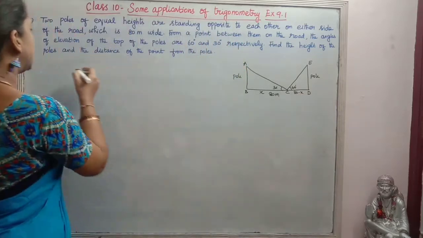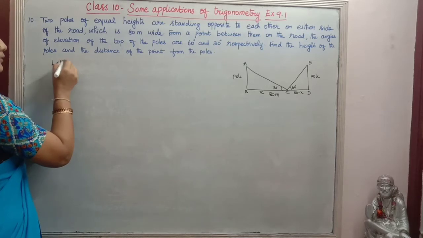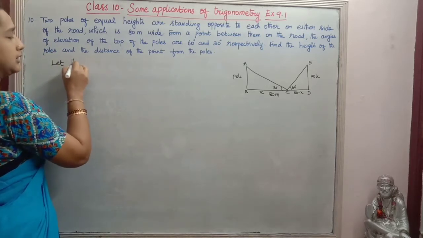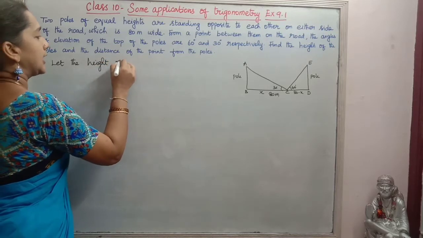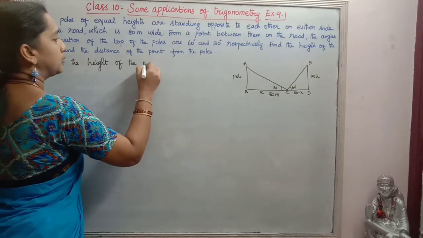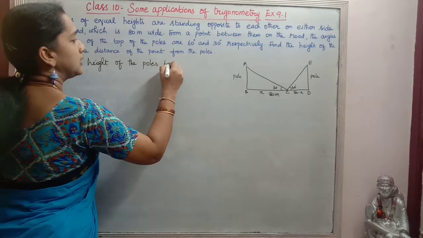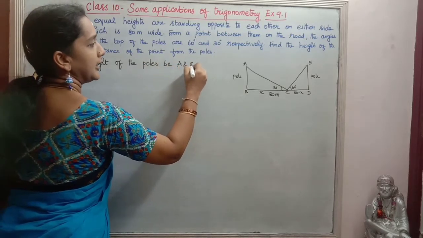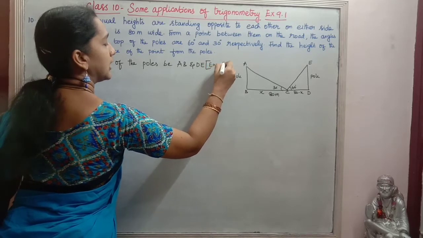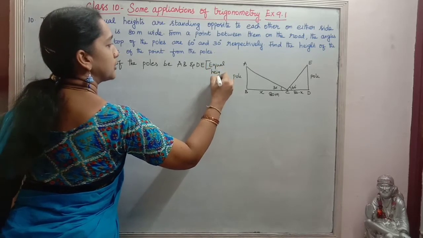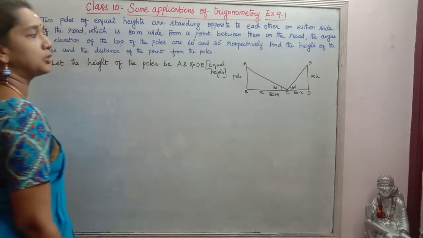Okay, so all these things we will write. Let the height of the poles AB and DE be equal. Since the height of the poles is equal, we will mention that as equal height.